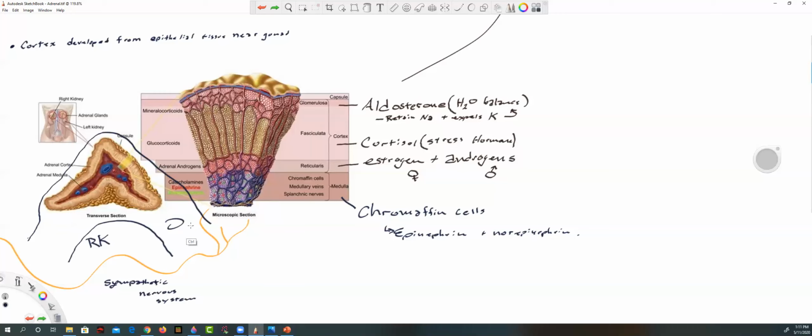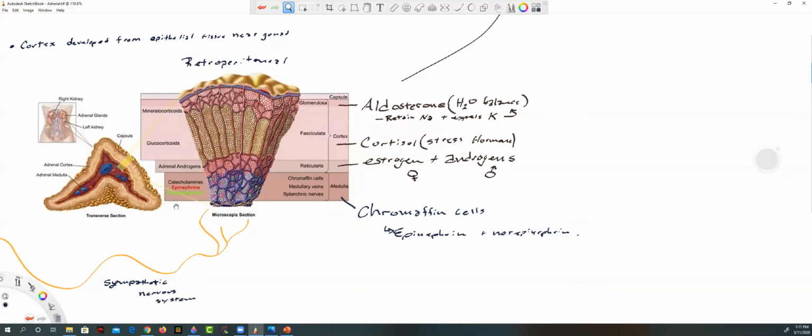Lots of mess there. Let's get rid of some of that. They are retroperitoneal organs. Let's write that up here. They are retroperitoneal on the superior medial surface. Oh, I do have a picture.